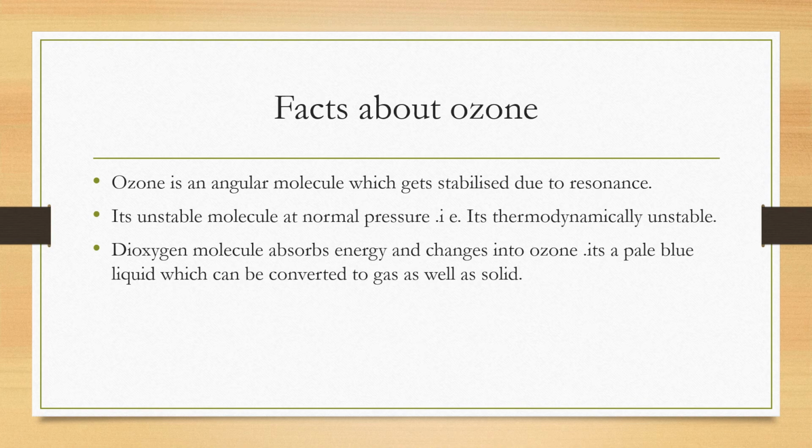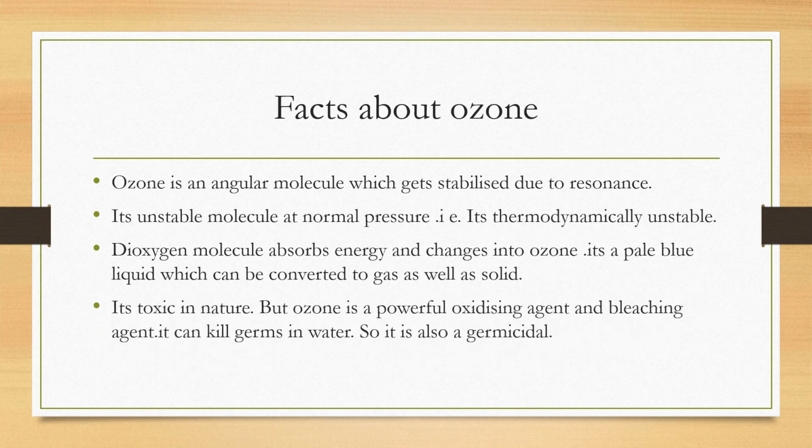It is a pale blue liquid which can be converted to a gas as well as a solid. It is toxic in nature, but ozone is a very good oxidizing agent, bleaching agent, and it can also act as a germicide. Due to these reasons, we find that ozone can be used for purification of water.